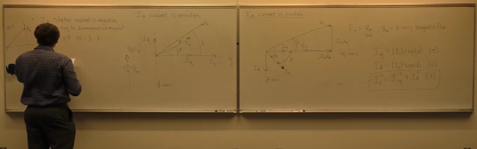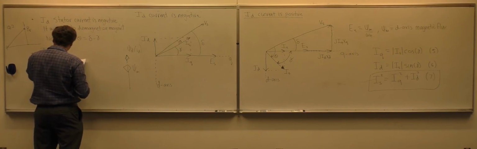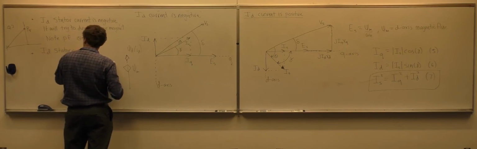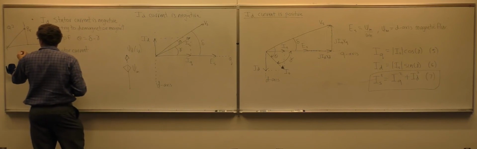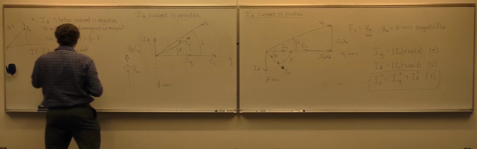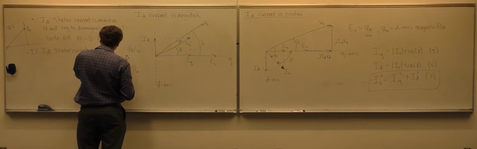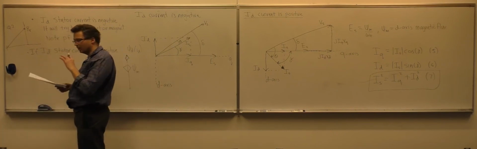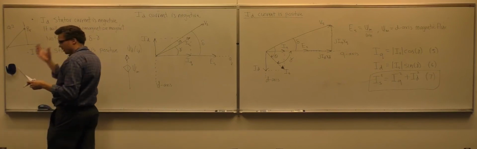So ID stator current is, let me put, if ID stator current is positive, and you will see this when I write out the equations and it will be more clear than me just verbally explaining it.